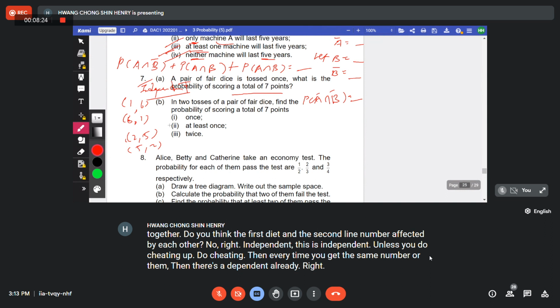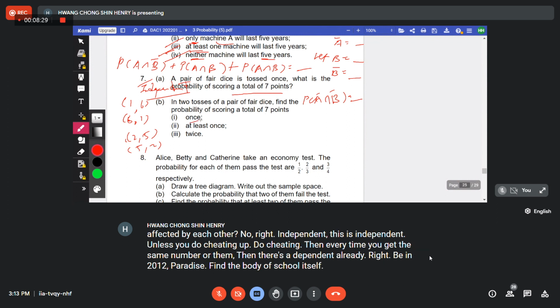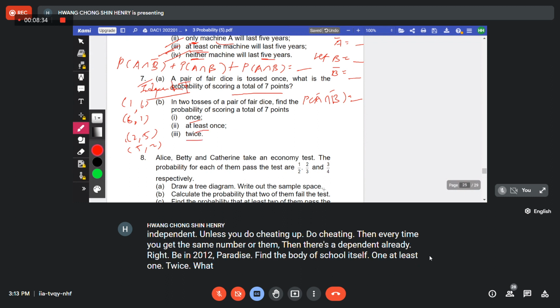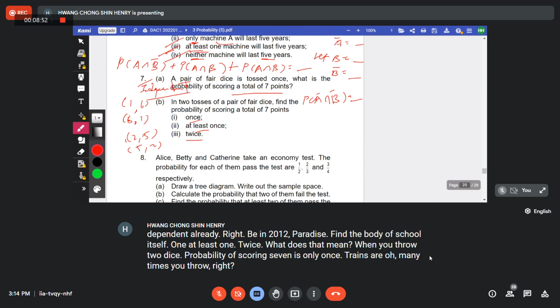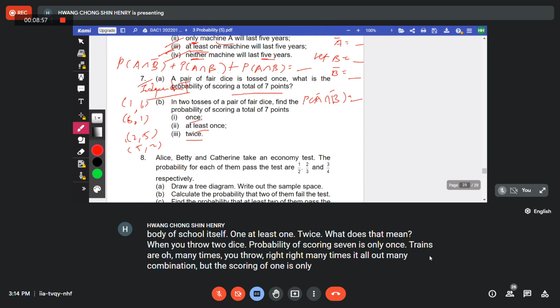Part B. In 2 tosses of a pair of dice, find the probability of scoring total 7 at least once. At least once, what does that mean? When you throw 2 dice, many times you throw, many combinations, but the scoring of 7 is only once.